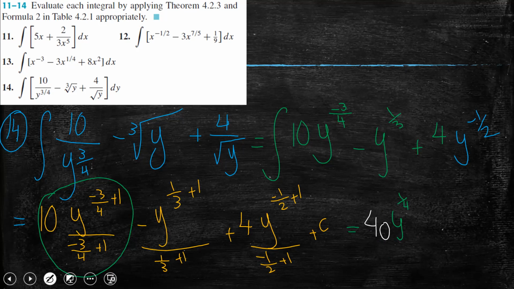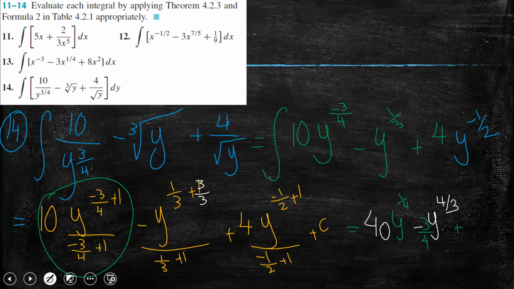As I told you before, 10 divided by 1 over 4 means 10 multiplied by the reciprocal of it, which is 4, that means 40. Minus y to the power 1 over 3 plus 3 over 3, it is 4 over 3, over 4 over 3. Since it is 4 over 3, I can write its reciprocal now as 3 over 4.